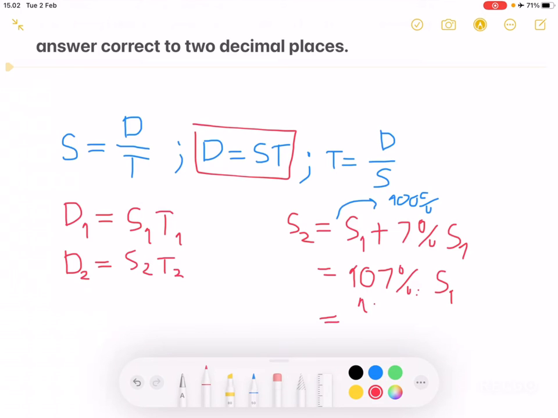Or you can just change this as 107 over 100 multiplied by s1. And so we can just write this s2 multiplied by t2 as 107 over 100 multiplied by s1 and then multiplied by t2.